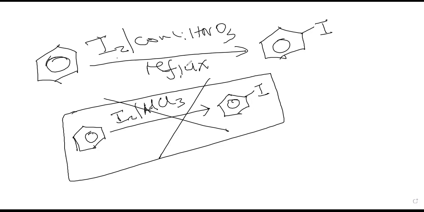I want you to know that halogenation of benzene using chlorine directly with UV light at room temperature does not give the same product as the other. You do not get chlorobenzene here.